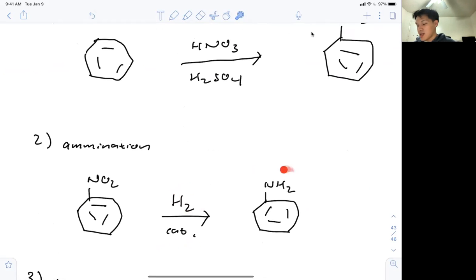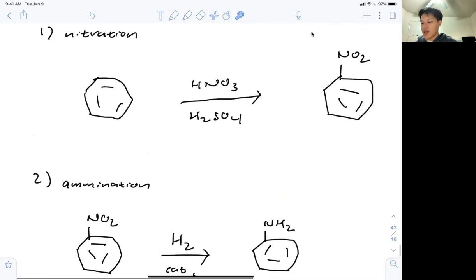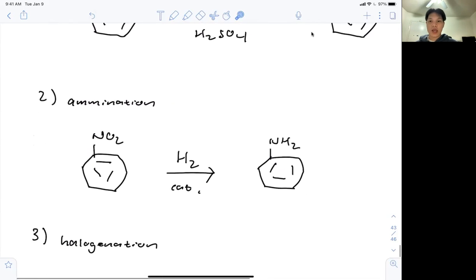We get this amine group NH2 right here, right? Again, later on I'll have something where we learn the mechanism, but these you just have to know. It's memorizing, right? But try to learn it. So yeah, amination.